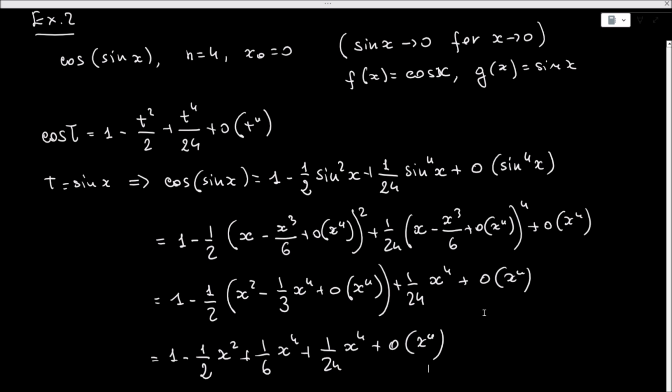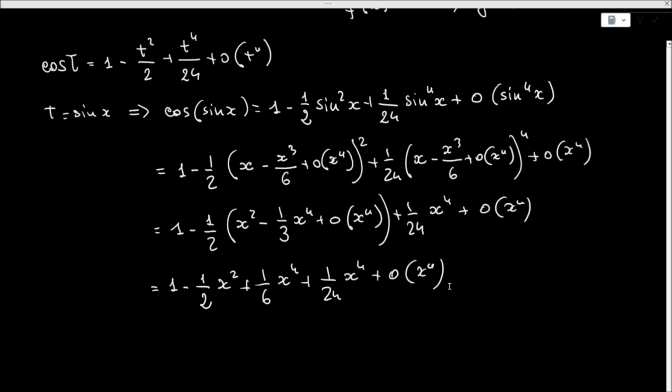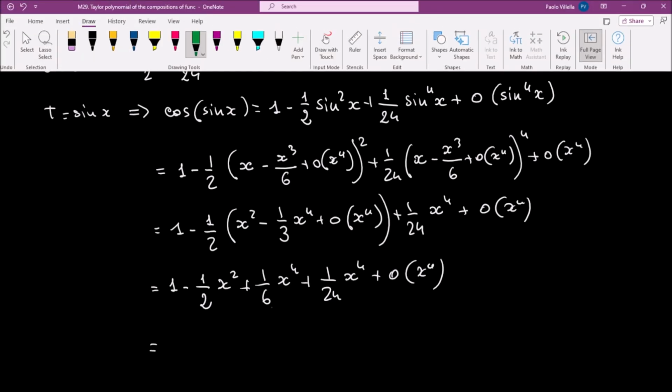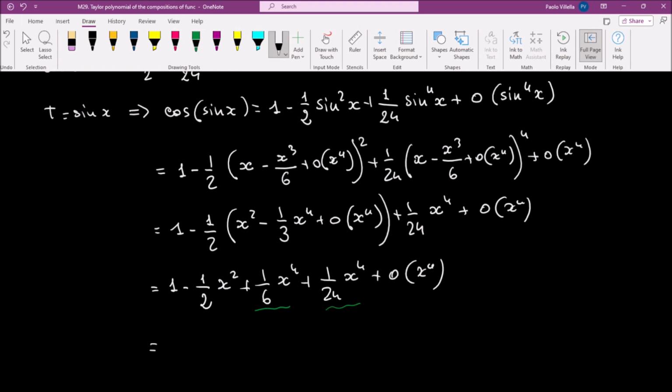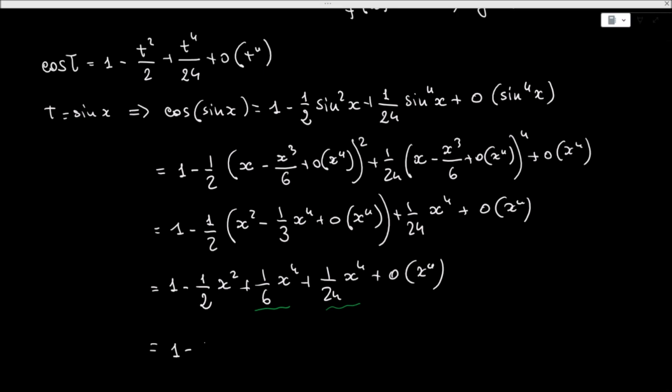And we can conclude this by, of course, just putting together these two terms, this term and this term, and what we get is again 1 minus 1/2 x squared.